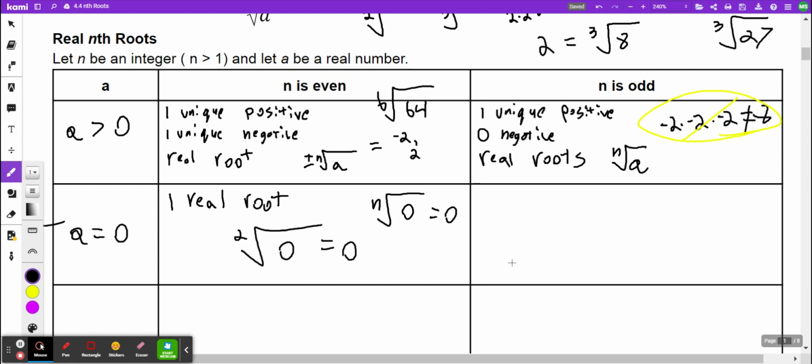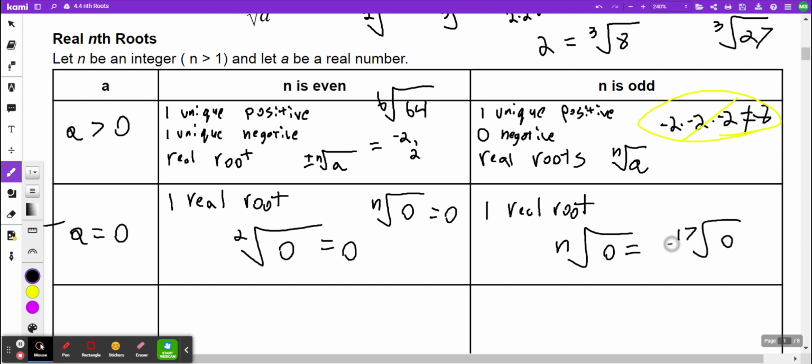The sixth root of 0, that's 0. And the same thing happens if n is odd. So one real root: the third root of 0, the fifth root, the 17th root of 0 is equal to 0. So it's going to hit the x-axis when x is 0.